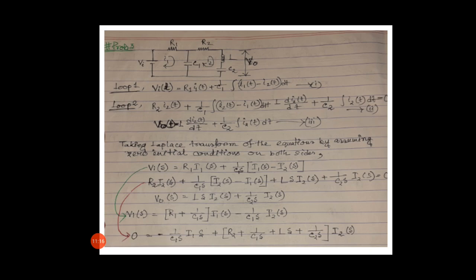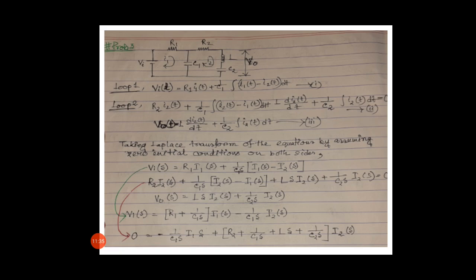So in the first loop we apply KVL, then we get this equation: V_i(t) equal to R1 i1(t) plus 1 by C1 integration of (i1(t) minus i2(t)) dt.